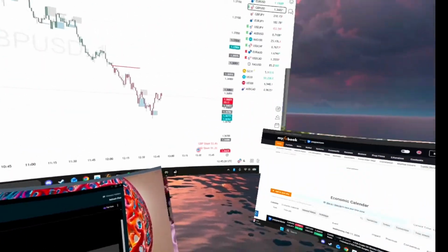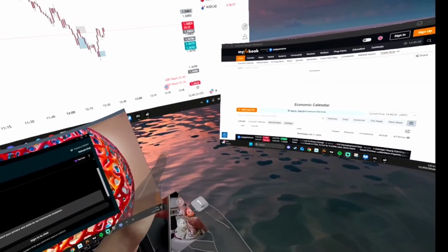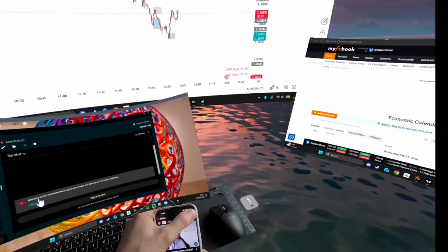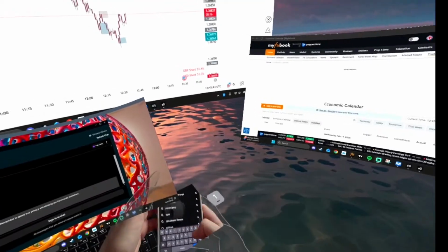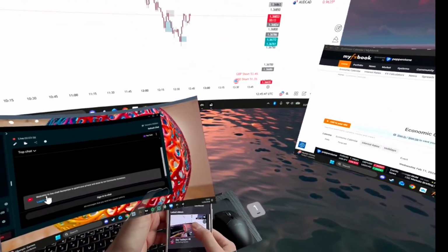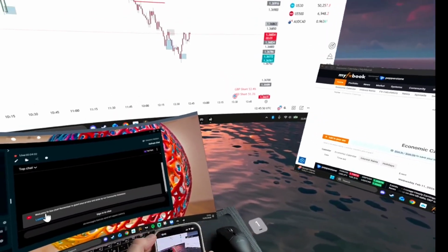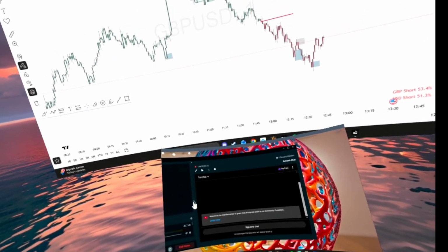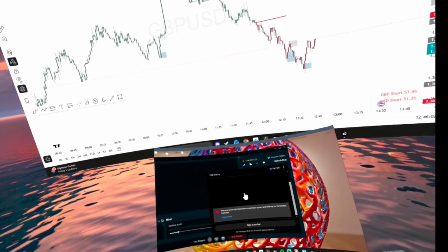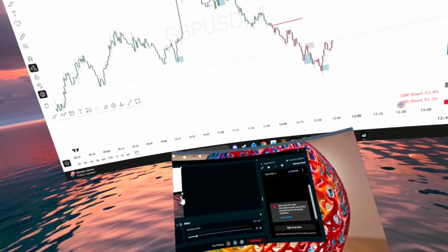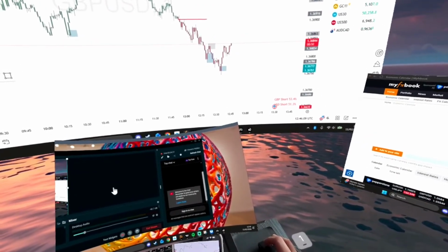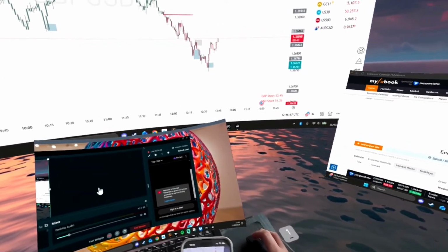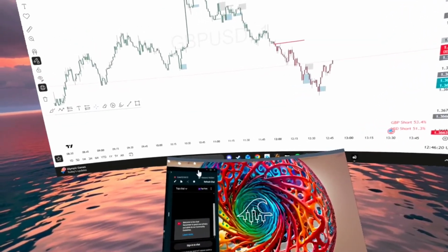Right, let's just double check that this is running how it should be. I think we're missing the edge now. Let's see. There we go. Perfect. Cool.